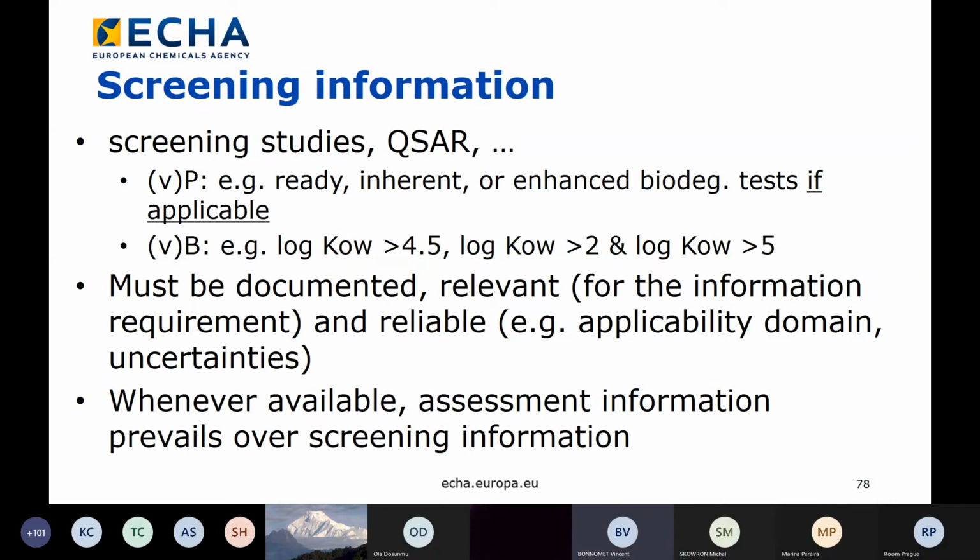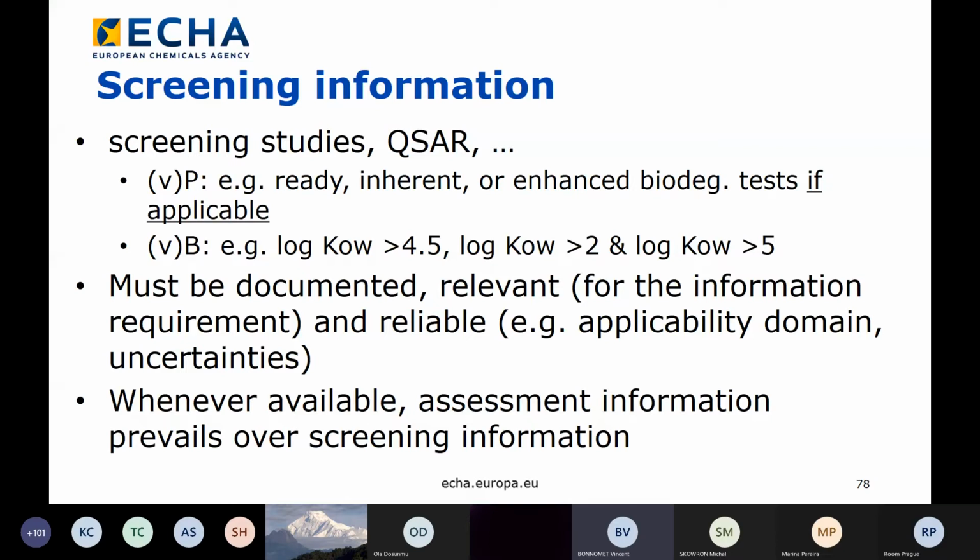So first, I will talk a bit about screening information, what is meant by screening information. You can find more details in our guidance document R11. Screening information is obviously screening studies. It could be QSAR, it could be other kind of adaptation, for example, in vitro tests.